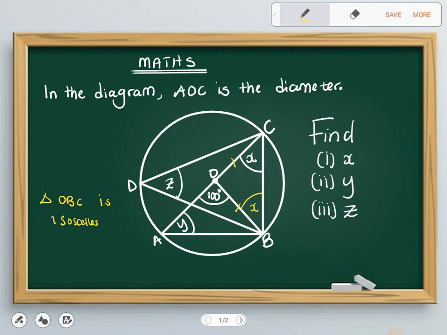So there are two ways we can find x. The first one is knowing that the angle at the center is twice the angle at the circumference.